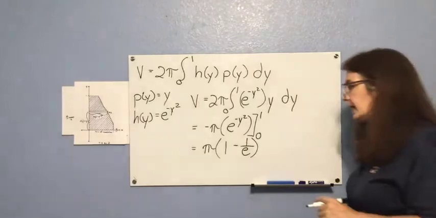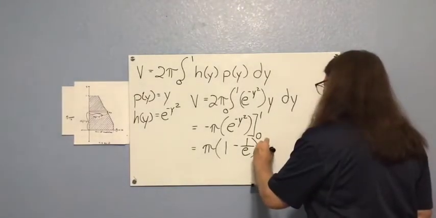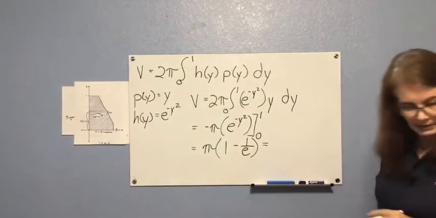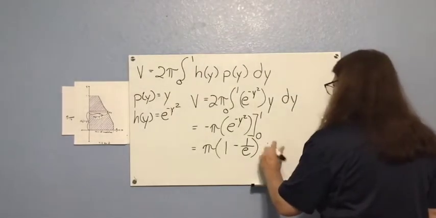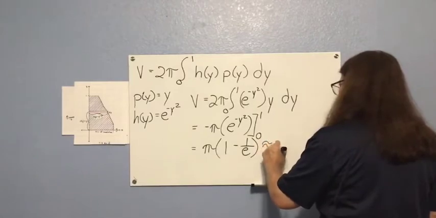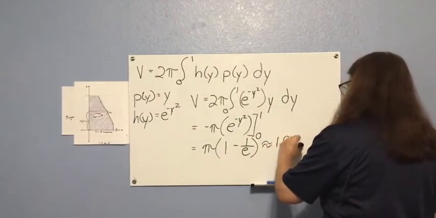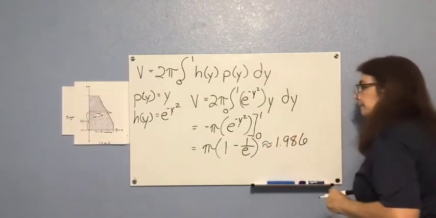Go ahead and use a calculator approximation for e, so we get a decimal answer, which is approximately 1.986.